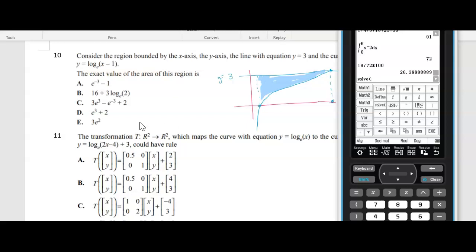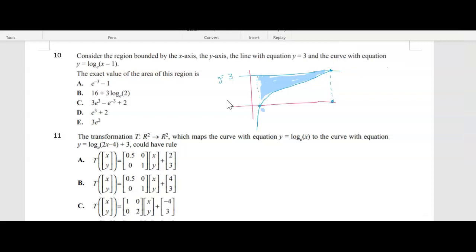All right, let's do our log. All right, so remember ln is the same as your log base e. That is equal to 0, x. So your x-intercept is there at 2.